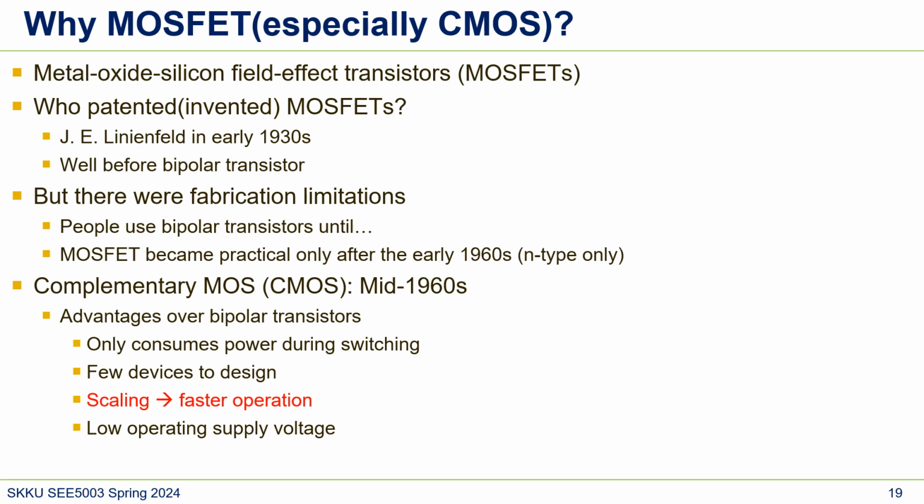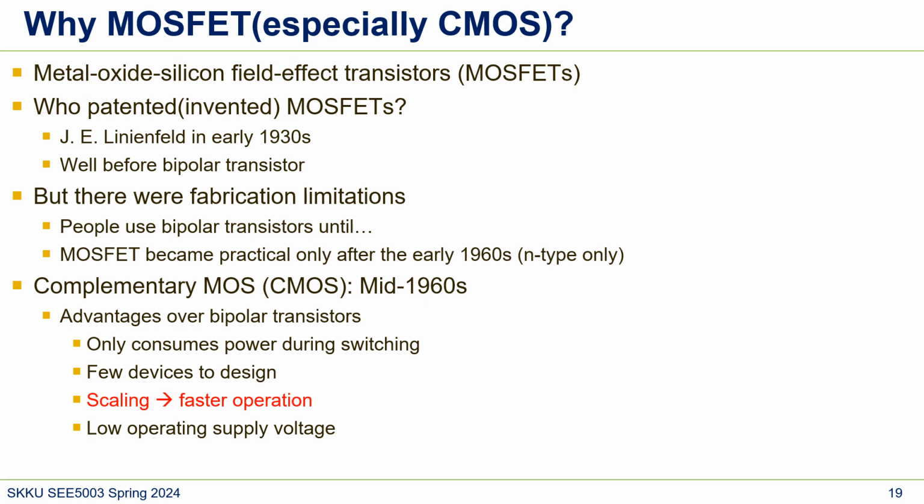If a MOSFET is not small enough, performance is not good. So people used bipolar transistors first until the MOSFET became practical, and that happened only after the early 1960s. At this time, they used only N-type, but in the mid 1960s, finally CMOS, complementary MOS, was invented.